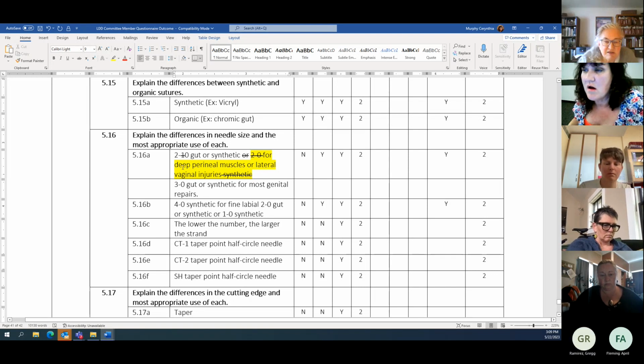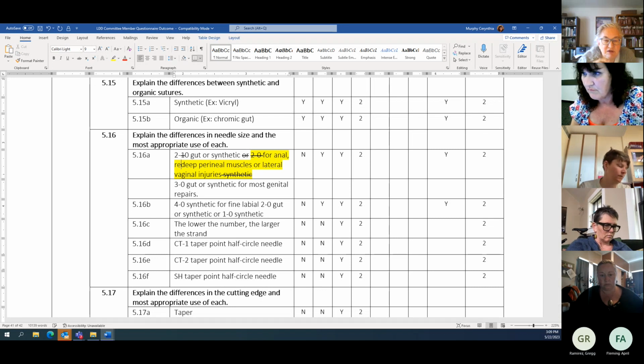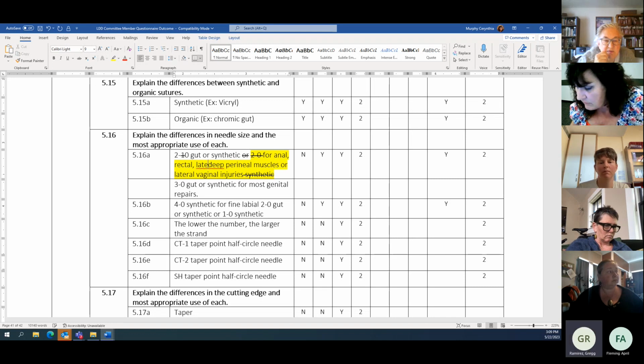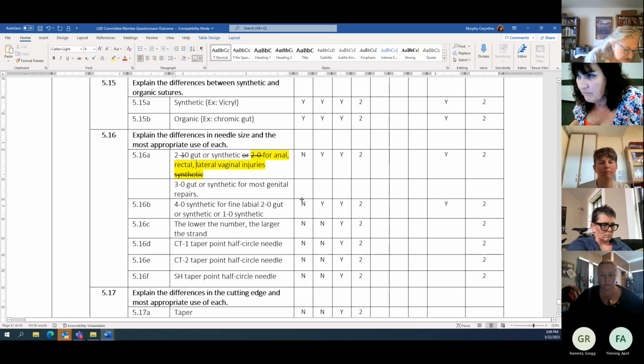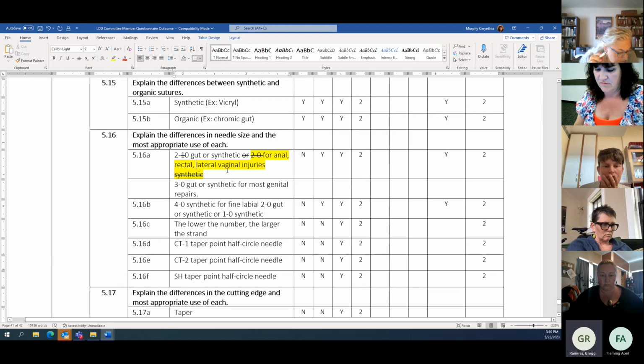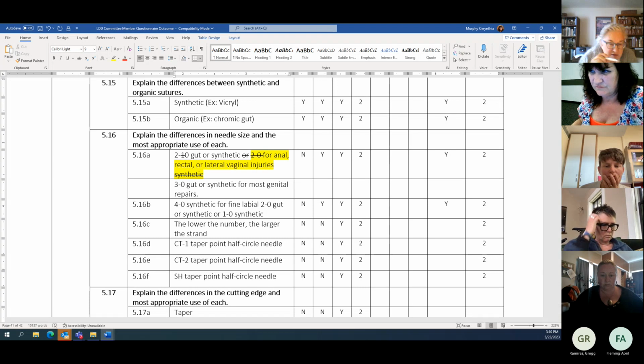So up above where it says 2-0 gut or synthetic for anal, rectal, or lateral vaginal injuries. Anal, rectal, and then get rid of deep perineal muscle. We'll need to change that. And then 3.0 is for most genital repairs, and 4.0 is for fine labial, clitoral, or periurethral repairs.